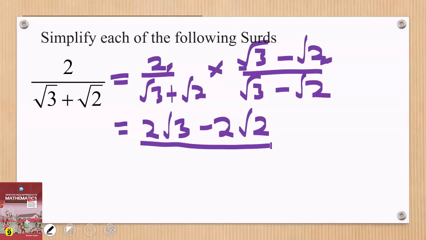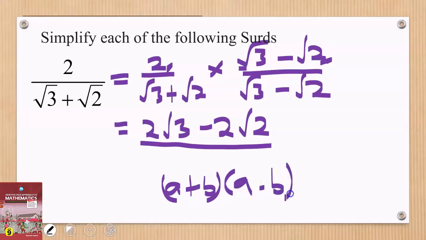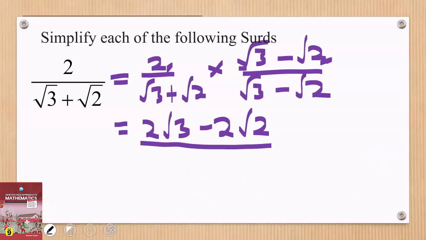And difference of 2 squares, we know that if I have a plus b, a minus b, I can easily write it as a squared minus b squared. You understand? So the same thing applies to the denominator here too. So the denominator can be expressed as root of 3 squared minus root of 2 squared.